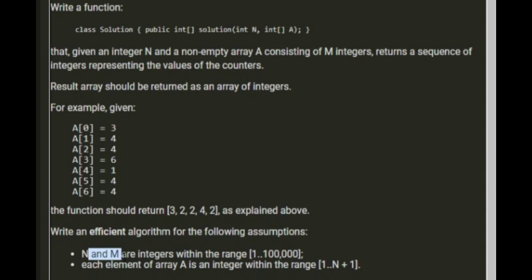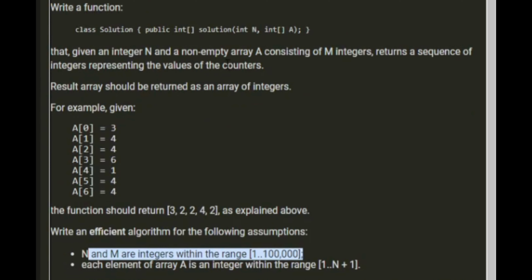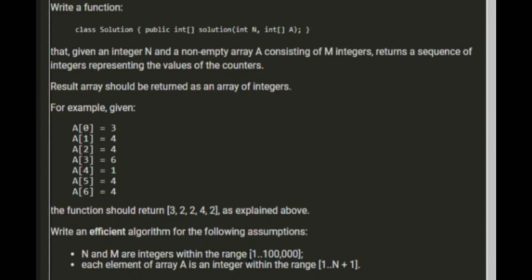So n and m are integers within the range of 1 and 100,000. What's m? Oh, A consisting of m integers. Okay, so we can have 100,000 operations and you can bet one of the corner cases is going to be 100,000 counters and 100,000 max counter operations.